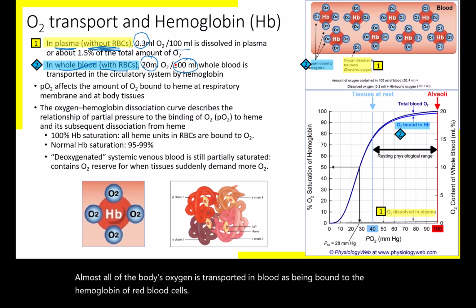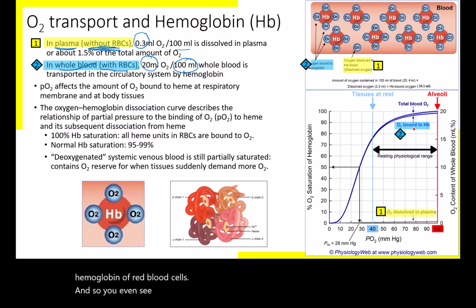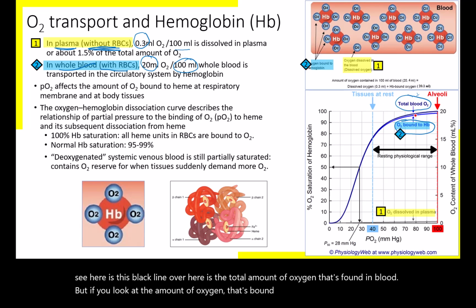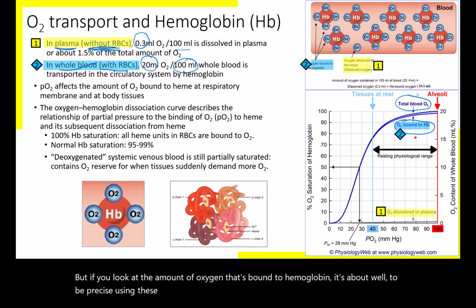And so you even see this, right? If you look at this graph down here, this black line is the total amount of oxygen that's found in blood. But if you look at the amount of oxygen that's bound to hemoglobin, to be precise using these numbers, about 98.5% of oxygen is transported in blood bound to hemoglobin.